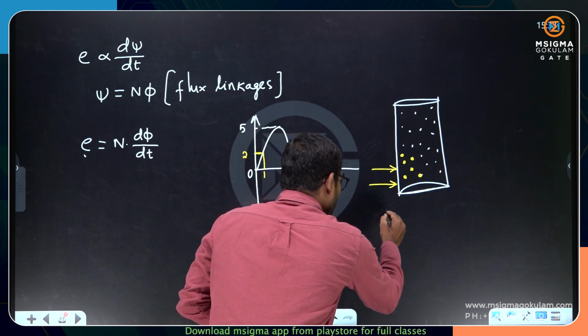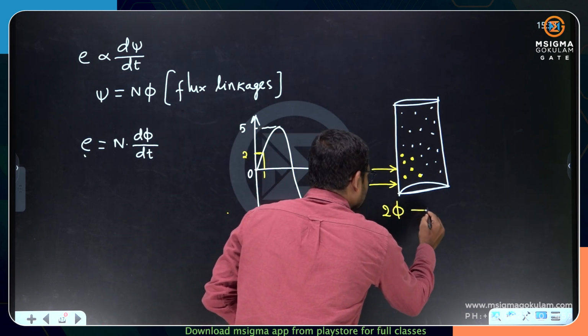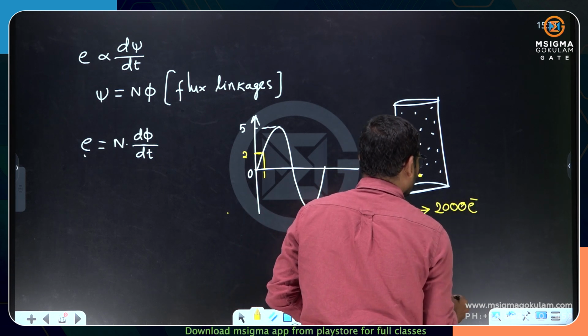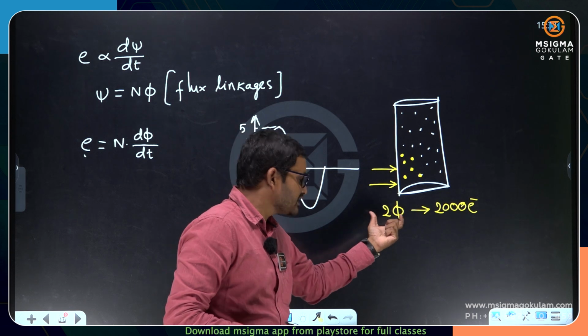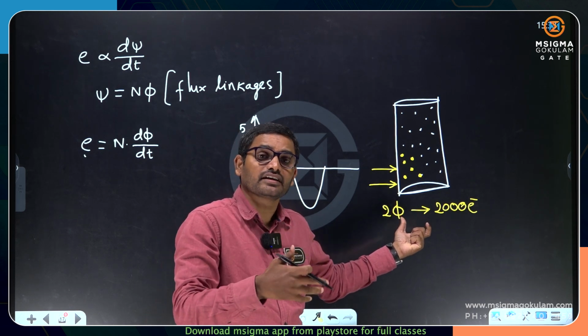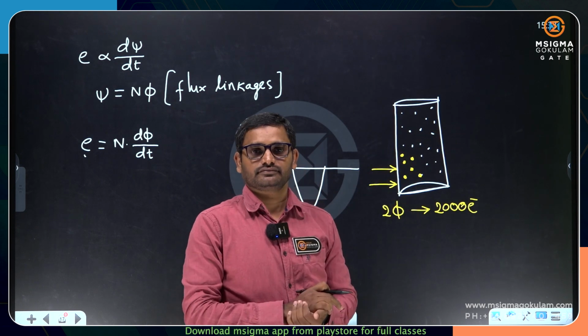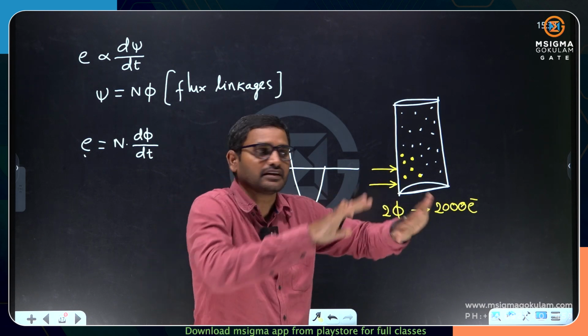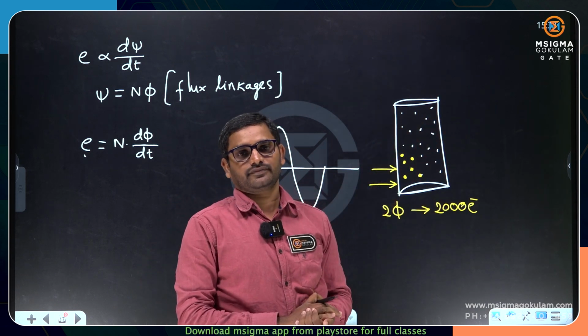So these two flux lines can create a force on 2000 electrons. After this, if the two flux lines are constant, you cannot get a force on any others. Its ability is finished now. It cannot attract or repel other than 2000 electrons.